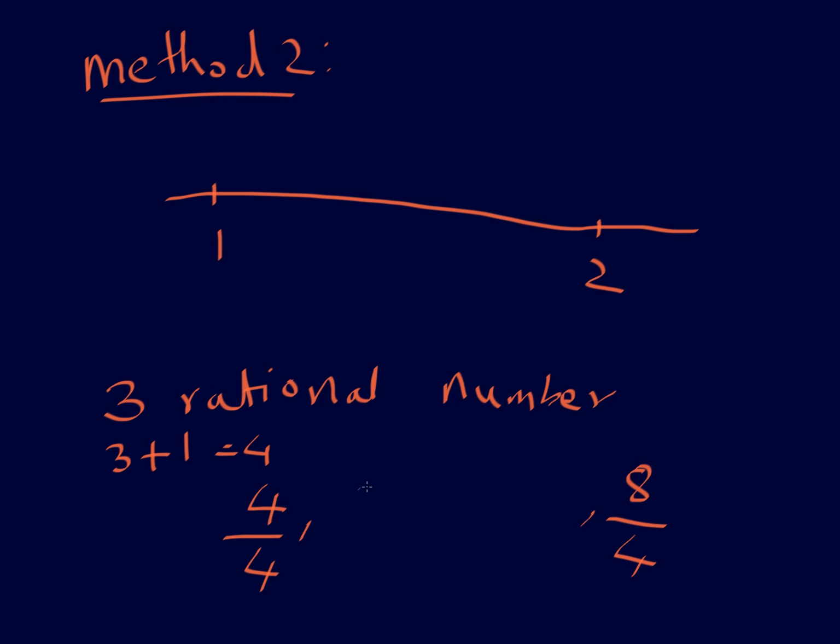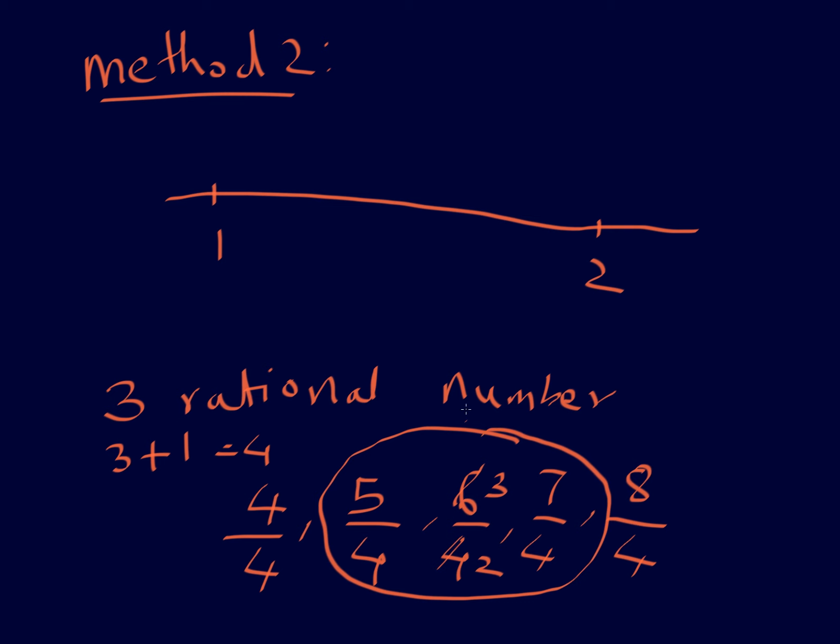Now any of these, right, so 5 over 4, 6 over 4 and 7 over 4. 6 over 4 is the same as 3 over 2, since 2 is a common factor. So these three rational numbers are between 1 and 2, and in this method you find them all at once instead of proceeding one by one. So you can use any of these methods to find any number of rational numbers between two integers.